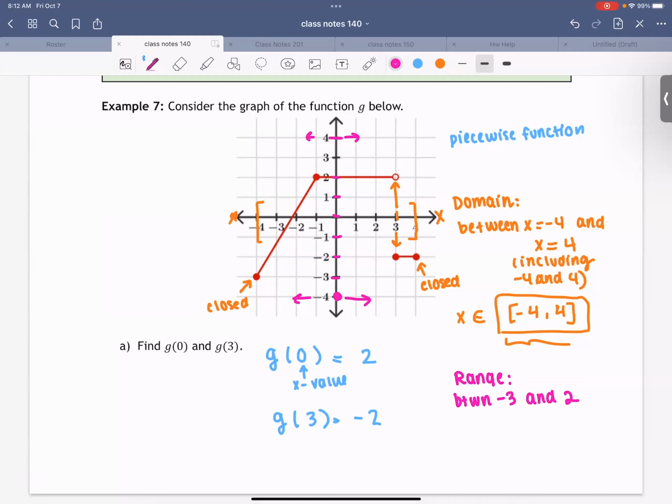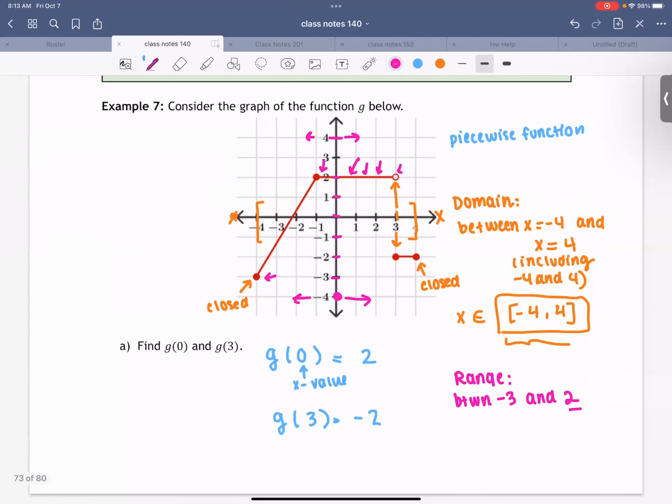Now, are we including -3 and 2? Yeah, right, because if I look over here, there's a closed circle, and over here, there's a lot of values where the function has a value at 2, okay? Even though there is a closed circle technically here, the function exists at all of these other points, so we're going to include 2.